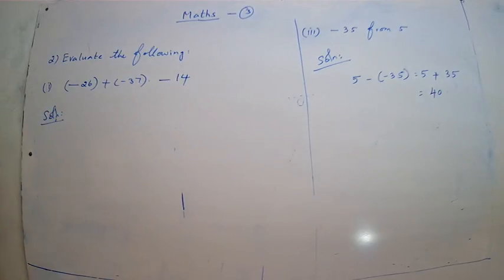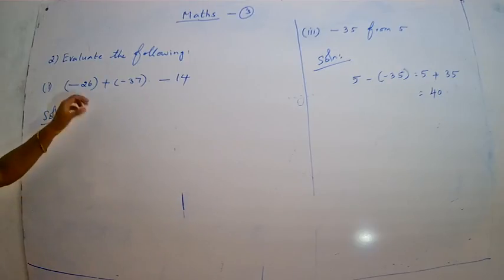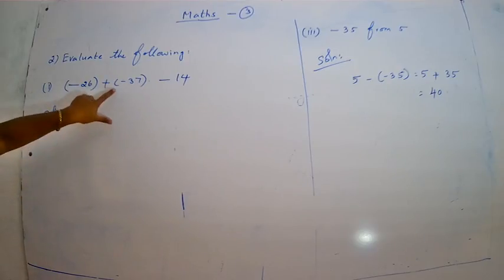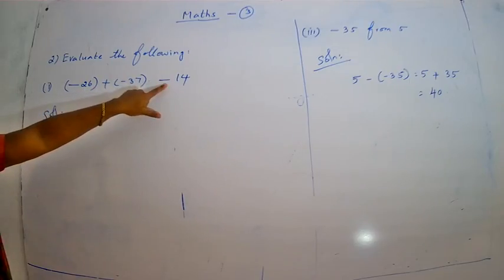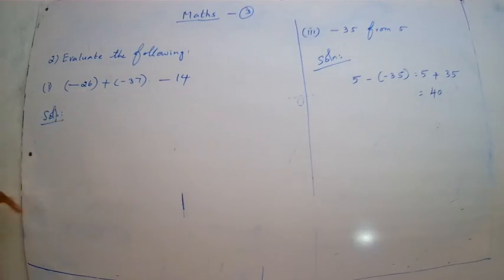Listen children. First question, the simple subtraction, that is finished. Now the second one, three integers are given. Here you see the question. These two integers are addition and this is the subtraction. So do it carefully. Okay. So all of you listen.